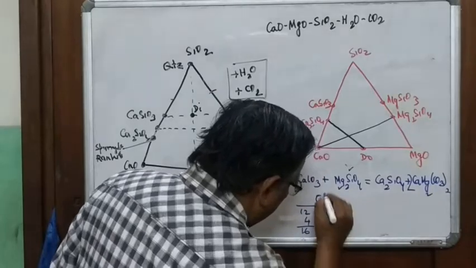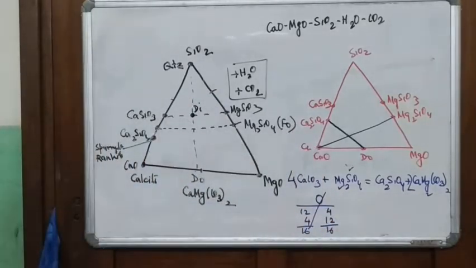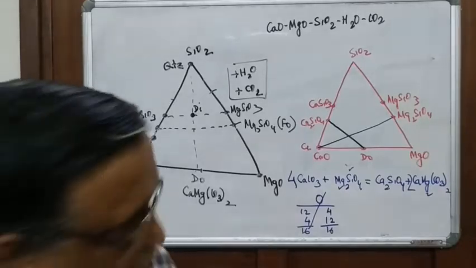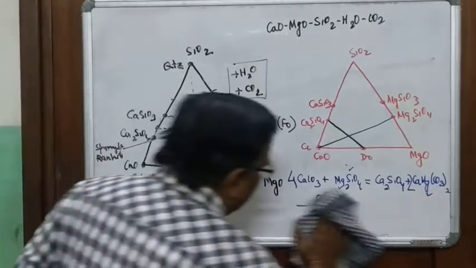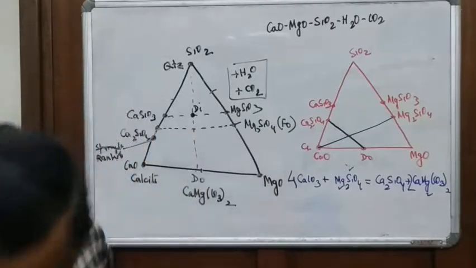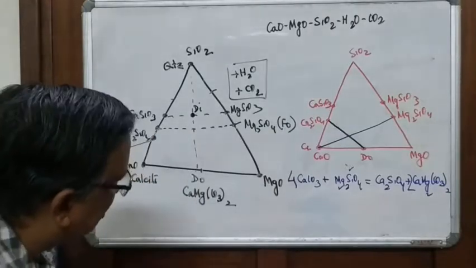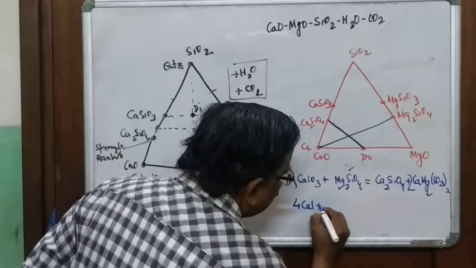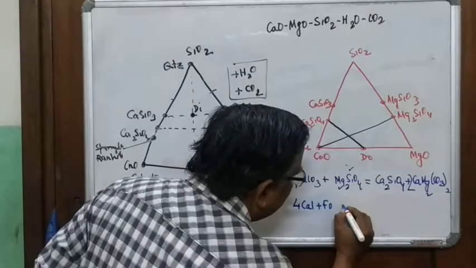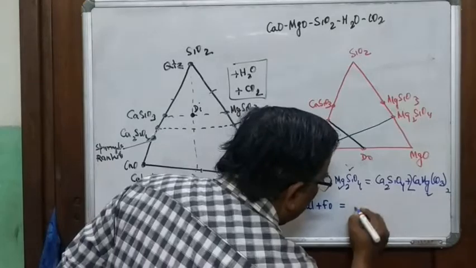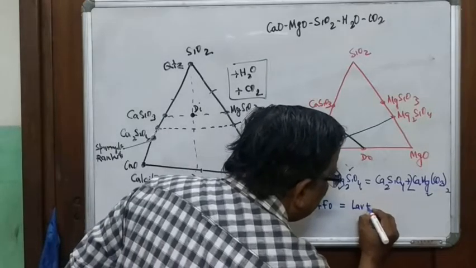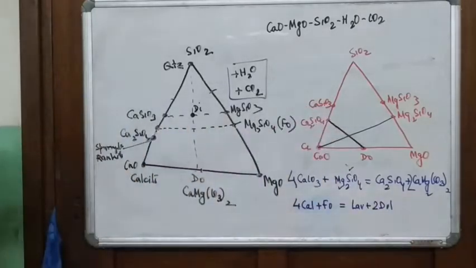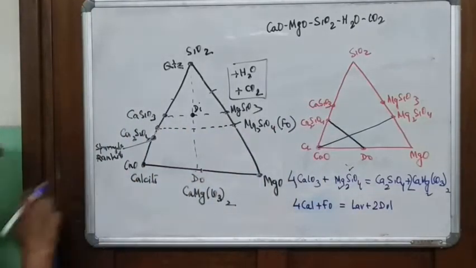So that's 16. So you've balanced the reaction. Have you understood? So what is the reaction now finally? The reaction is 4 calcite plus forsterite is equal to larnite plus 2 dolomite.